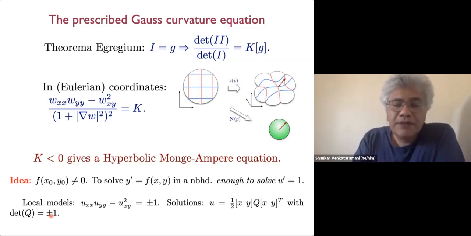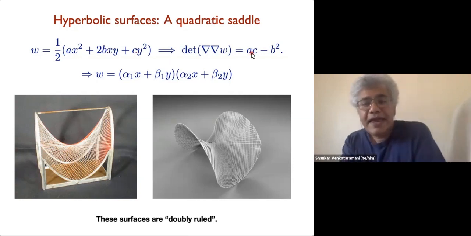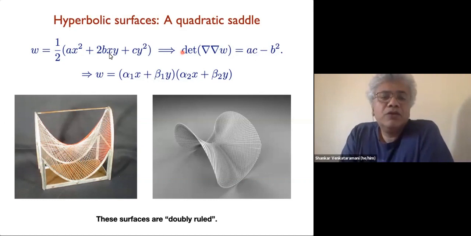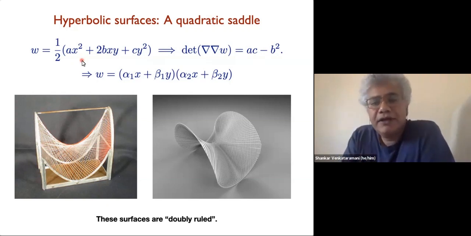Let's look at what happens in the hyperbolic case. If you have a function that has 0 derivatives at x equals 0, y equals 0, so it's a homogeneous quadratic, the determinant of this is just ac minus b squared. The fact that that's negative means this quadratic form can be factored into 2 linear forms over reals. So there are 2 real roots for this corresponding quadratic equation.